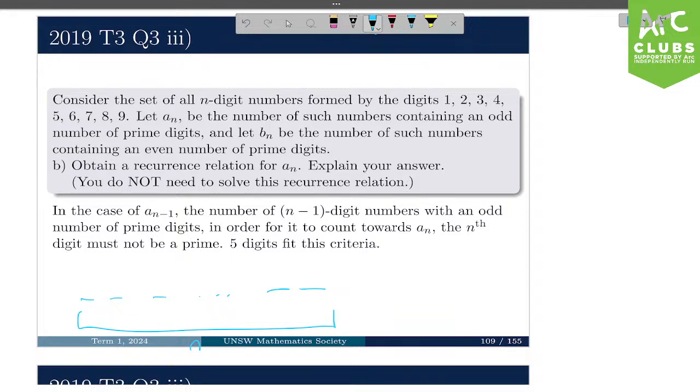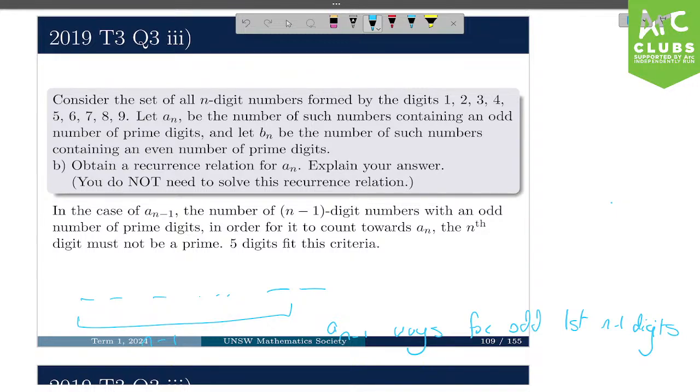So we have 2 cases. Our first case: let's say out of the first n minus 1 digits, there's an odd number of prime digits. So how many ways are there of this happening? There's, by definition, an minus 1 ways for odd first n minus 1 digits.